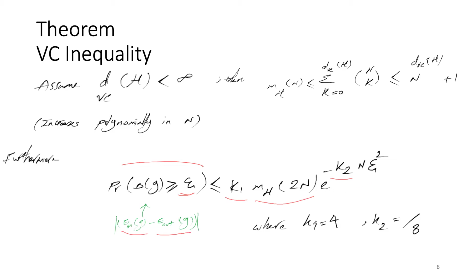And then we mentioned that these two hyperparameters, k1 and k2, are defined as 4 and 1/8. So we basically arrive up to this point in the previous lecture.